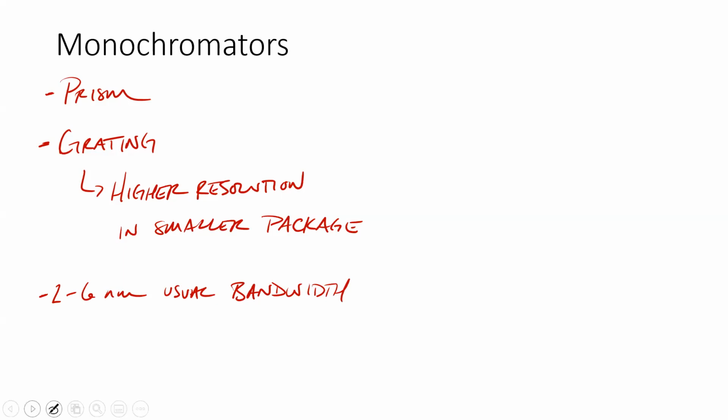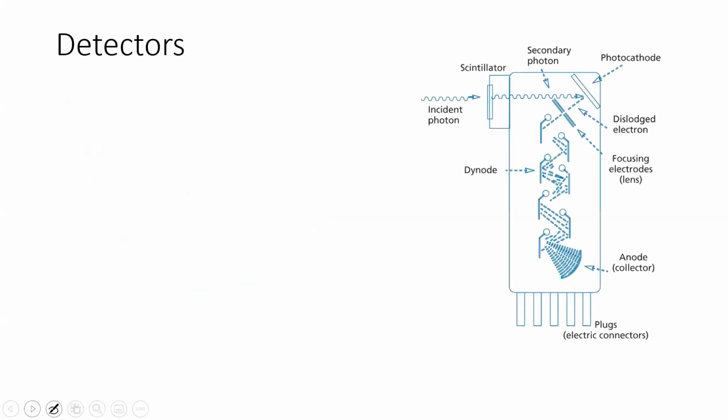Okay. All right. The last thing for us to discuss are detectors. And so when we are detecting light, we will always use a detector that converts light energy into electric energy.